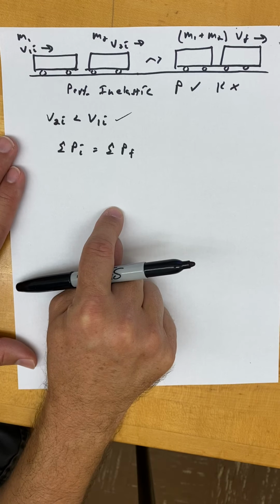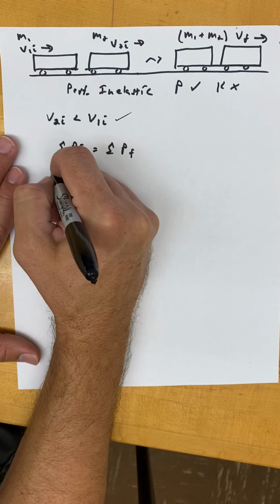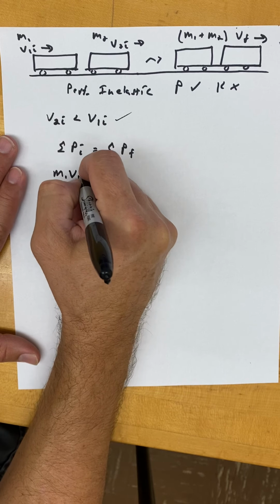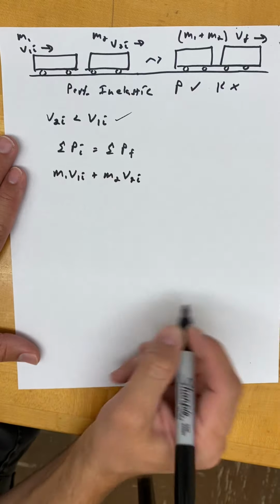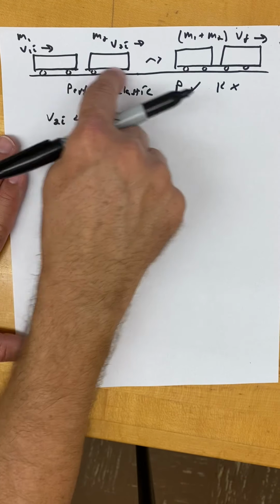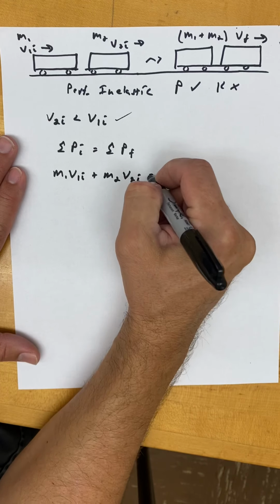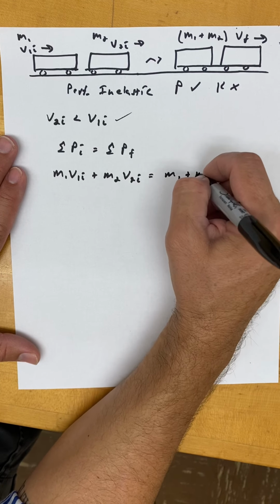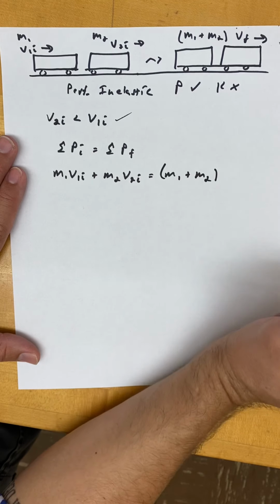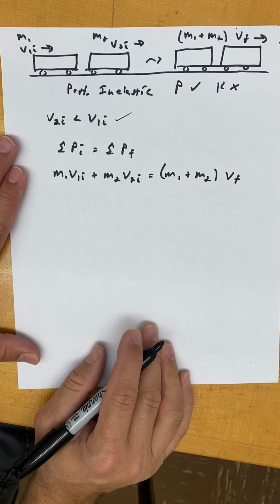Same procedures I did before, only I won't have a term disappear. I'm going to sum up the total momentum before. It's going to be m1 v1 initial plus m2 v2 initial. That's my total momentum of my system, both objects, right? One object, two objects. And that's got to equal the total momentum afterwards. m1 plus m2 is the mass of my coupled object times v final.